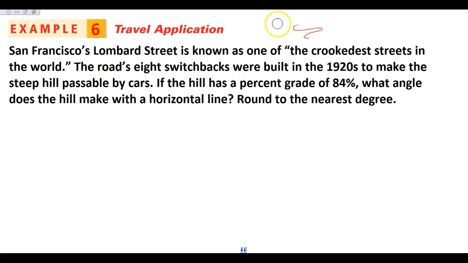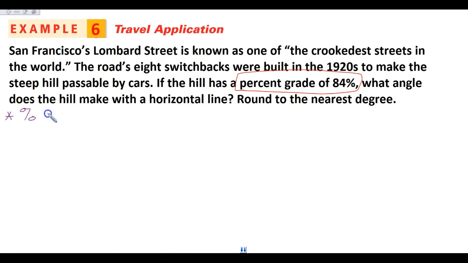It is a very, very, very large hill and a very steep hill. So this says that the hill has a percent grade of 84%. So the first thing we need to do is write down what that means.